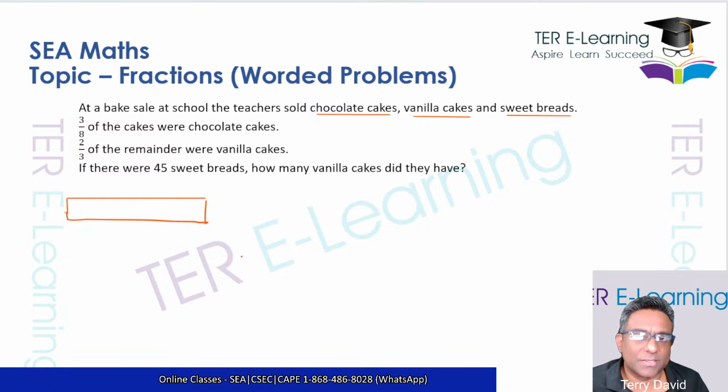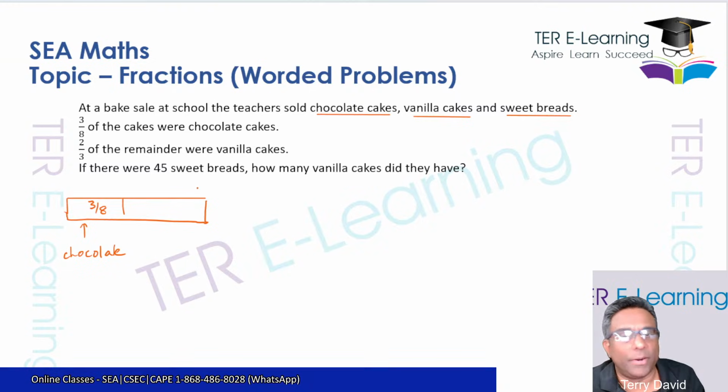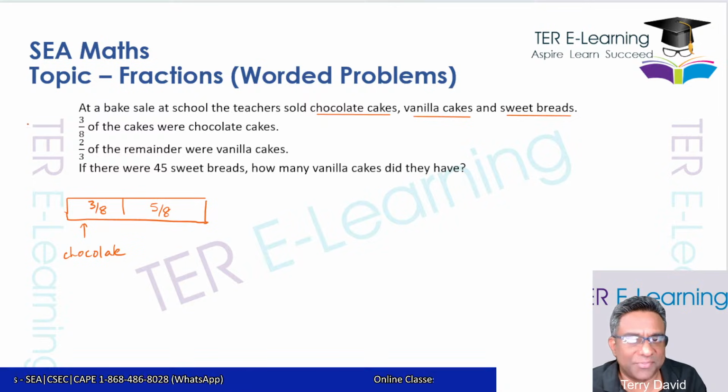So 3/8 were chocolates. That represents our chocolate. So if you have 3/8 there, that means that the remainder is going to be 5/8. That's the fraction that is left. Now, the next part here says that 2/3 of the remainder.